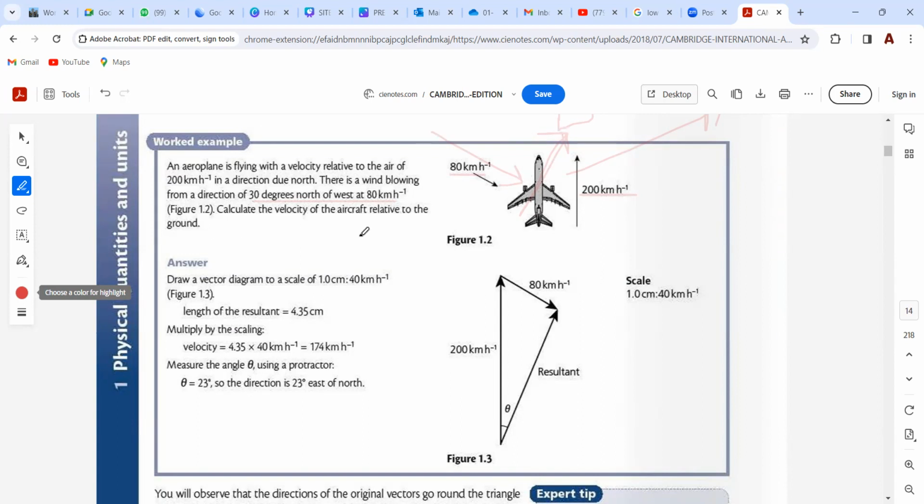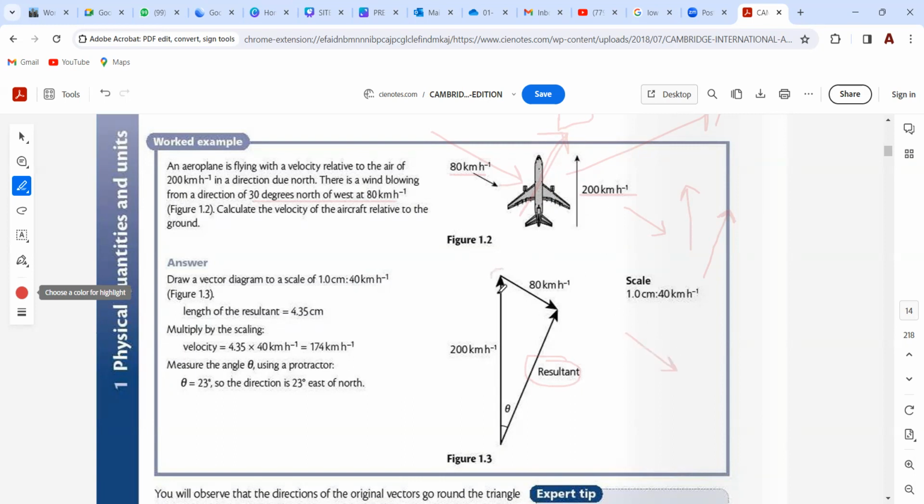Now you need to figure out the velocity of the aircraft. कैसे निकलेगी? Resultant. Okay, where will this aircraft actually go? Just by using common sense, you can tell that if one vector is acting in this direction and the other is acting in this direction, and this is an aircraft, the aircraft would move like this. It would gradually deviate towards this side, but it would continue moving in this direction. So automatically, this is how the resultant should be. But what you do here is you draw your vectors. 80 kilometers का vector हमने draw कर लिया, and then 200 kilometers.